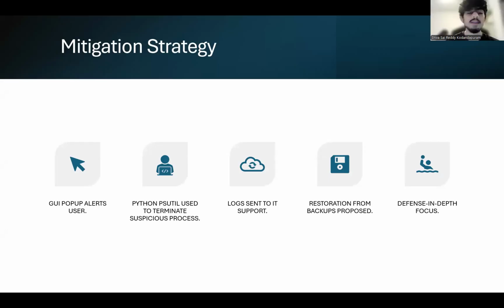Hi everyone. Now I'm going to talk about the mitigation strategy that we deployed. As Ashok previously explained, we wrote some rules according to which an alert is triggered. We used Python's tkinter library to create Windows graphical user interfaces. We have pop-up alerts asking the user if the changes that have been made are legit, and if they say yes, nothing happens.